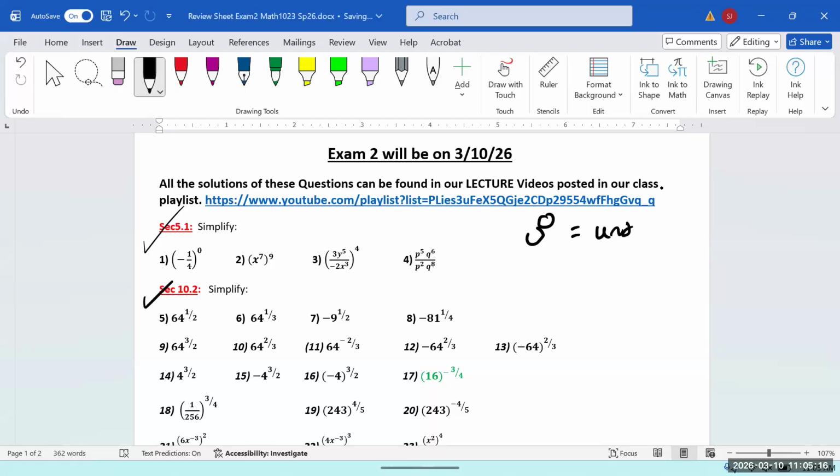That's why any base to the power 0 that is not 0, the answer is always 1. So I'm going to give a few of them, like at least 4 of them. Positive base, negative base, 0 base, fraction base. What will be the answer for all of these besides 0 to the power 0? 1. So see?